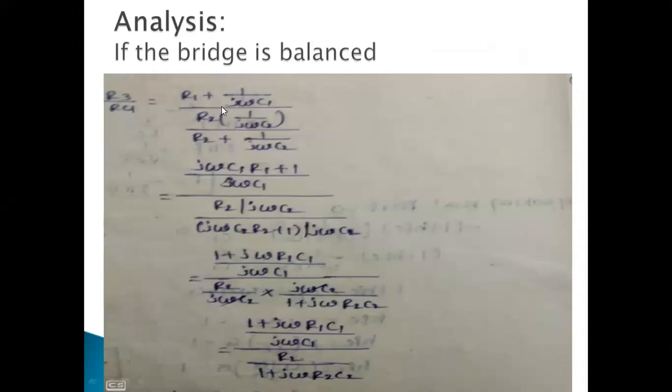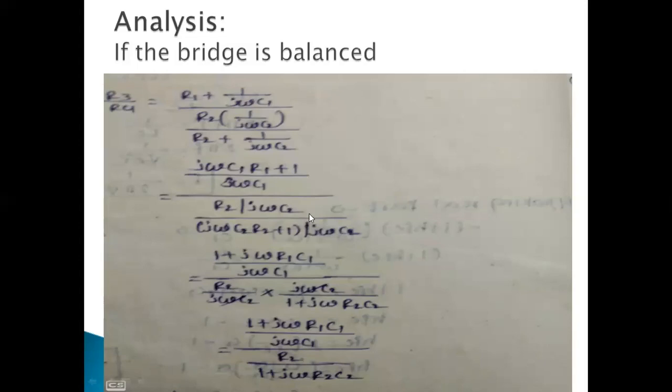And next, if you simplify the equation, take the LCM: 1 by j omega C1, at the numerator we have j omega C1 into R1 plus 1, and in the denominator, taking the LCM, we get 1 plus j omega R2 C2 plus 1 by j omega C2.